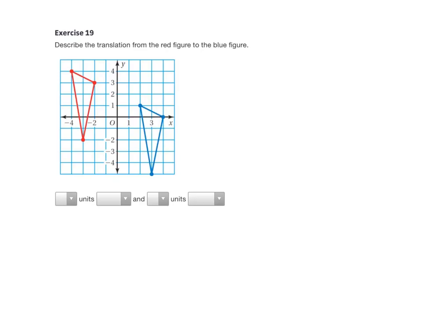Alright, describe the translation from the red figure to the blue figure. So, let's focus on one vertex. So if we start here, we know we got to end up there. There's 2 ways that you can get there. The first way is you could go 1, 2, 3, 4, 5, 6 to the right.